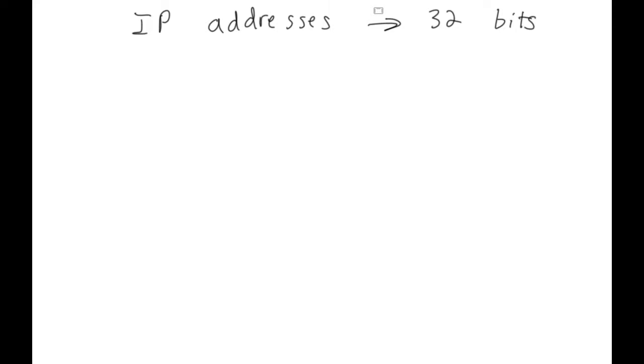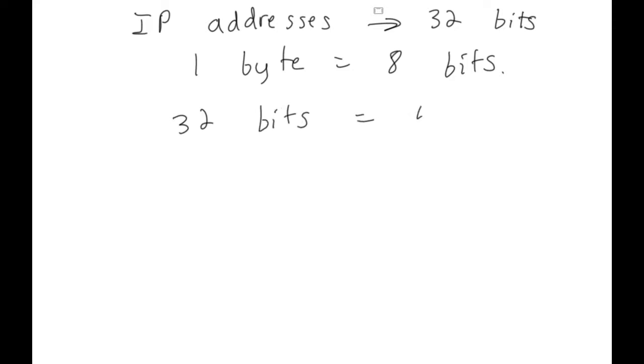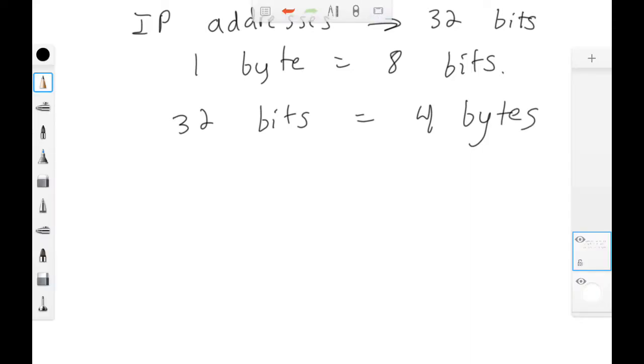And basically, it was kind of arbitrarily decided that data would be broken up into bytes. So we know that 1 byte is 8 bits. So 32 bits is 4 bytes. That will be important in what I'm about to explain next.